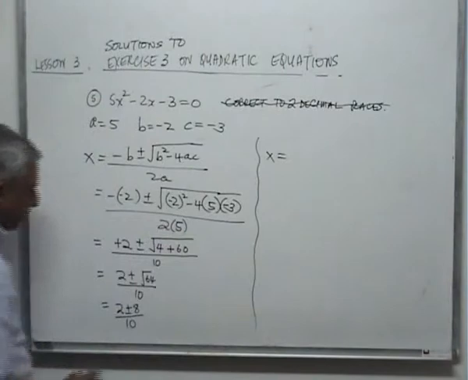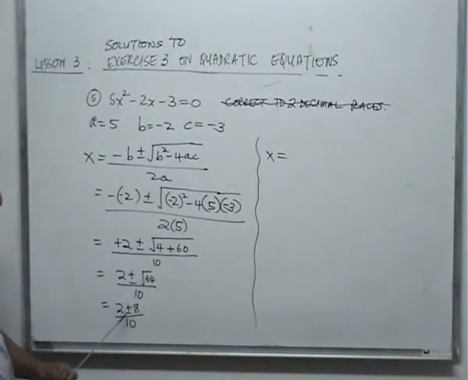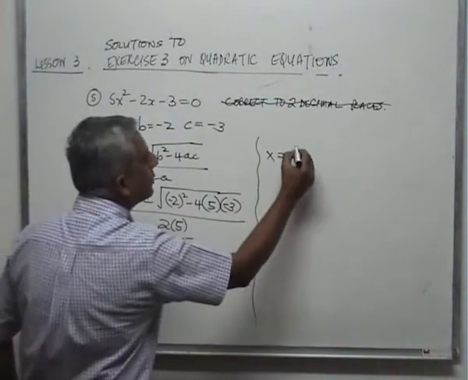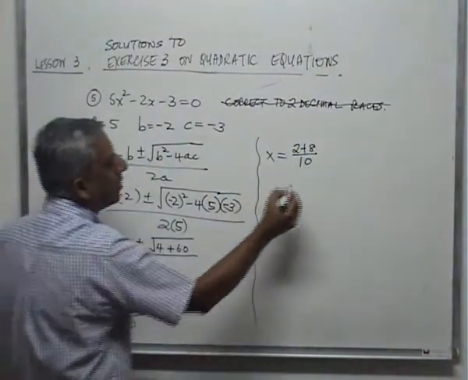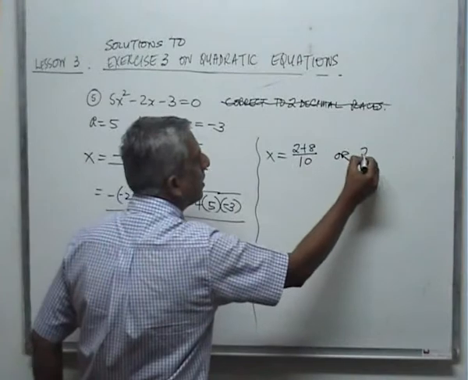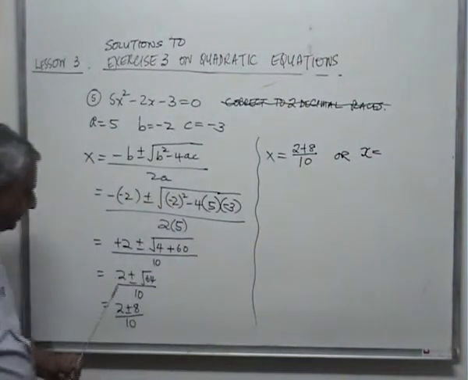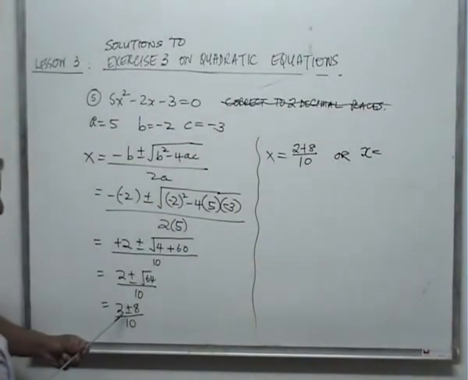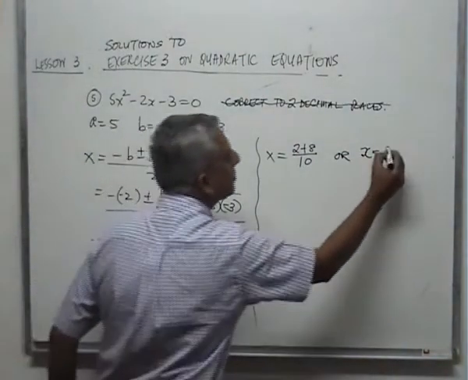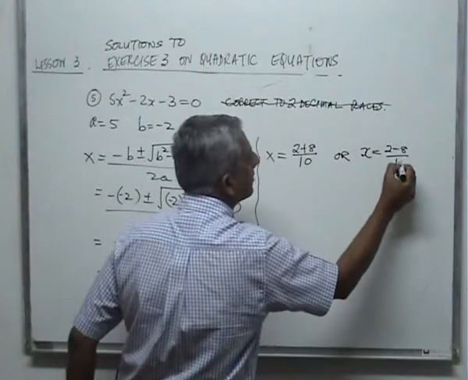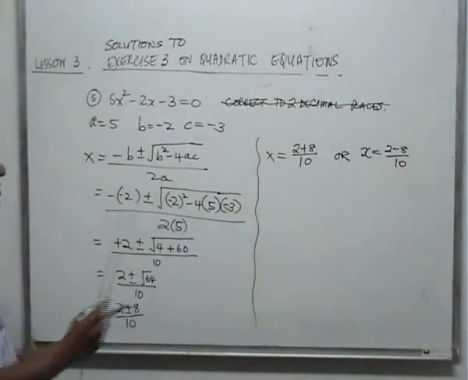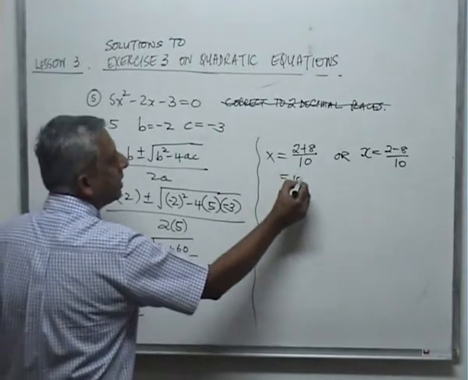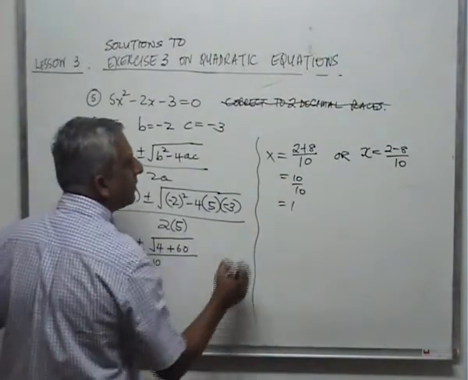x is equal to 2 plus 8 over 10, or x is equal to 2 minus 8 over 10. So that gives you 10 over 10, which gives you 1.